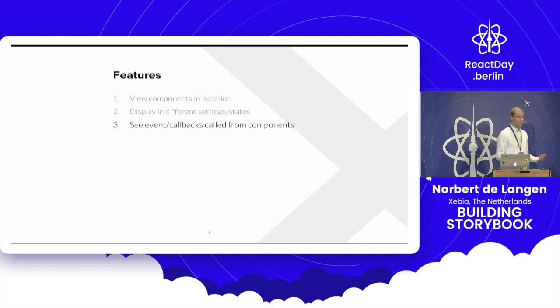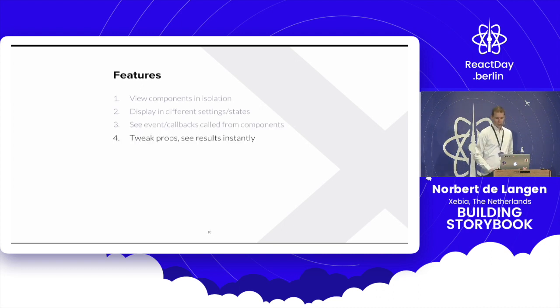The third is that you can see any actions or callbacks that are called. You should be able to tweak the properties and the settings and the context at runtime in this UI development environment and see those changes immediately.